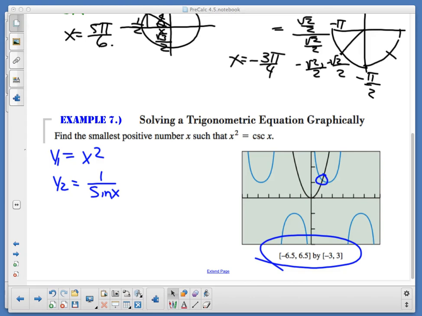How big is my window here? Ooh, that's okay. They tell me to use negative 6.5. So I'm going to use negative 6.5 as one x, and 6.5 is my other one. And then my min for my y is negative 3.3.